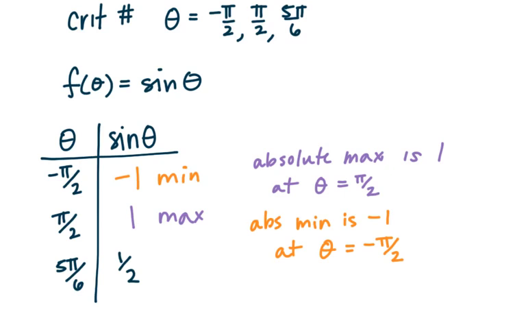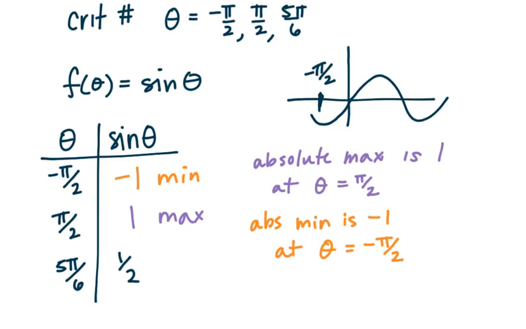So if we consider this graph of sine theta, and we know what the graph of sine theta looks like, right? Sine theta looks like this, continues in this direction. So if we think about it from negative pi over 2, which is going to be at that peak as it curves around over there, and 5 pi over 6.